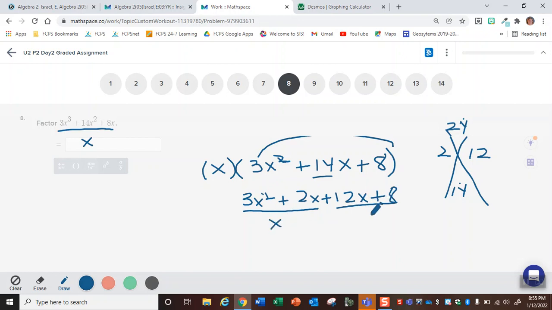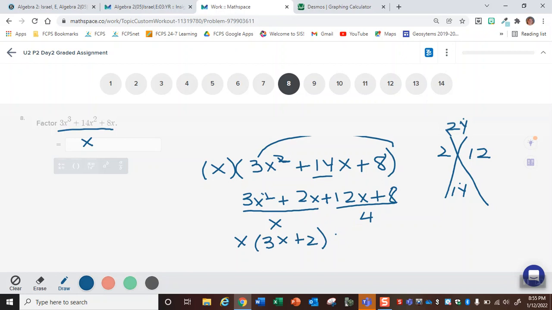And then here, if you do the GCD of 12 and 8, you'll get a 4. All right, so now this x comes in front. I'm just ignoring this guy. I'll remember to bring him down later. And I'm going to divide here, so I have 3x. And then I divide out this x, so I have plus 2.